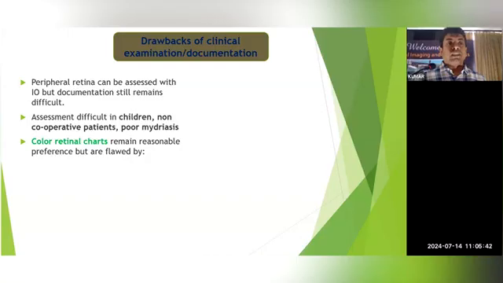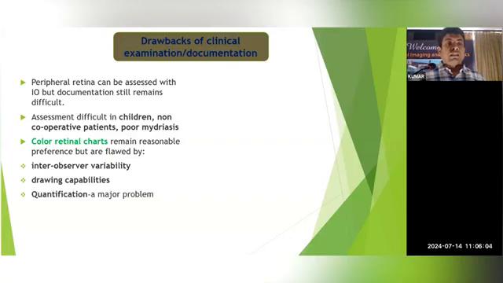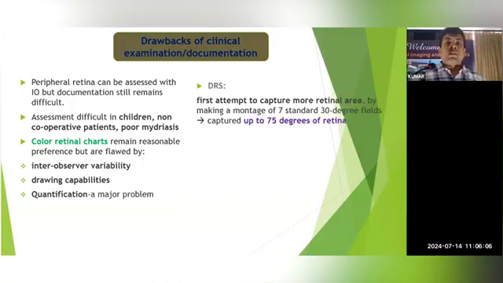But again, documentation remains difficult, and assessment is also difficult in children, non-cooperative patients, and poor mydriasis. Color retinal charts remain a reasonable choice for documentation of peripheral retinal findings. But those charts vary between two observers and also depend on the drawing capabilities of the examiner. Then quantification remains a major problem.